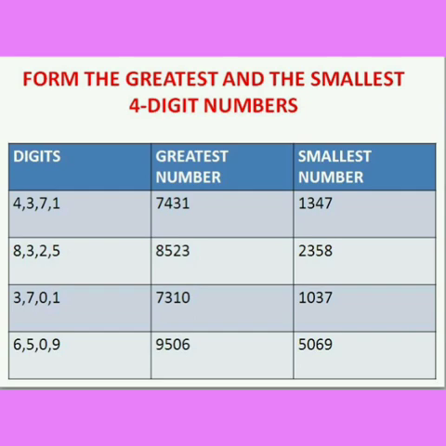And then for the digits 3, 7, 0, 1, the greatest number is 7310 and the smallest number is 1037. Then for the digits 6, 5, 0, 9, the greatest 4-digit number is 9506 and the smallest 4-digit number is 5069.